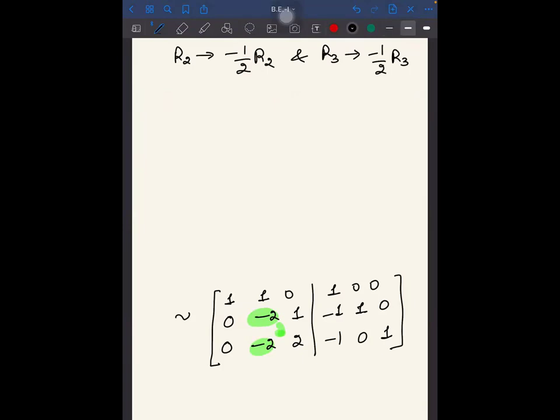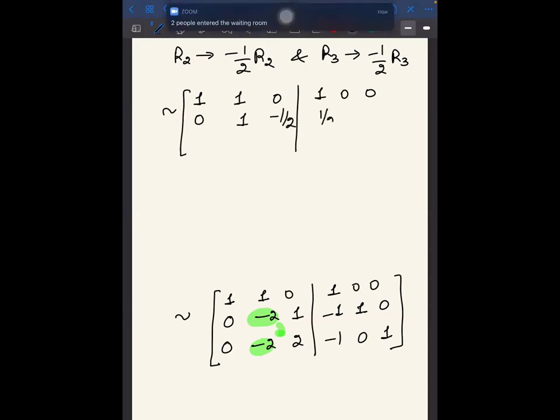So this will become what? Of course, the first row will still remain as it is, and the second row will get divided by minus half. So here you get minus half, here you get half, minus half, and 0.